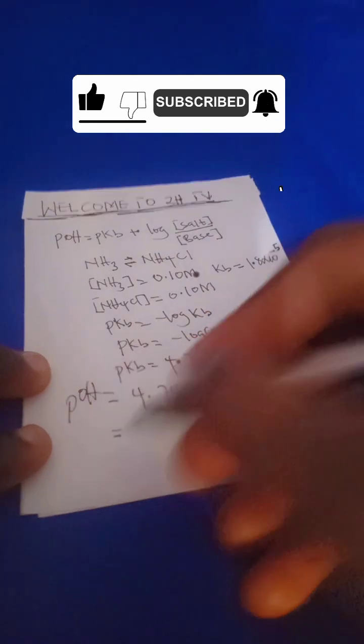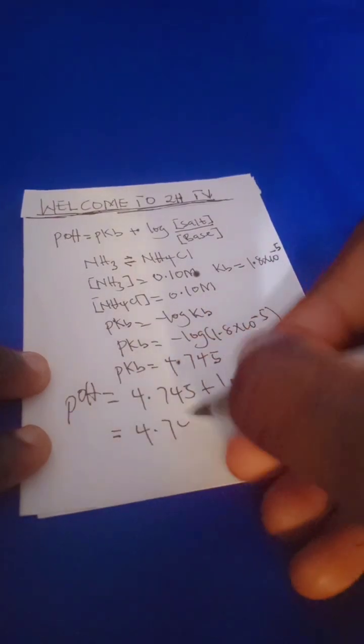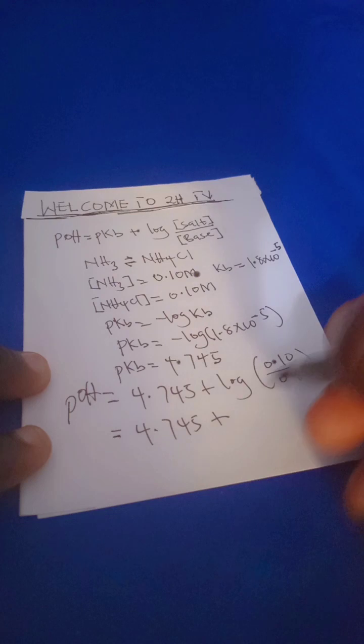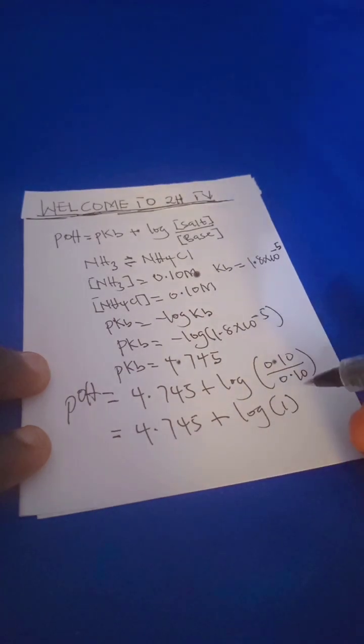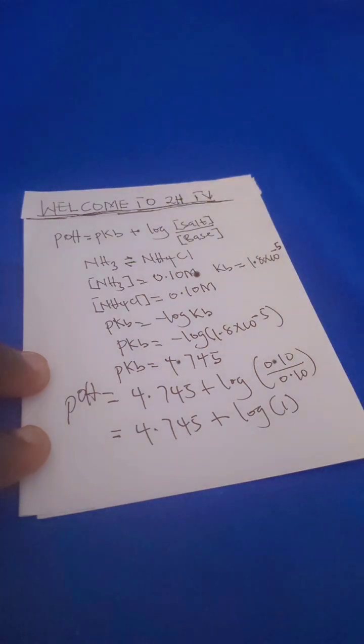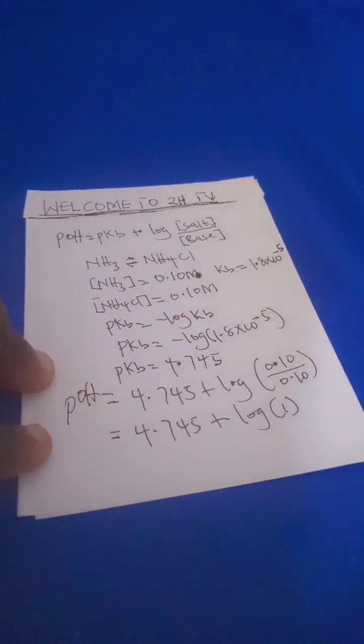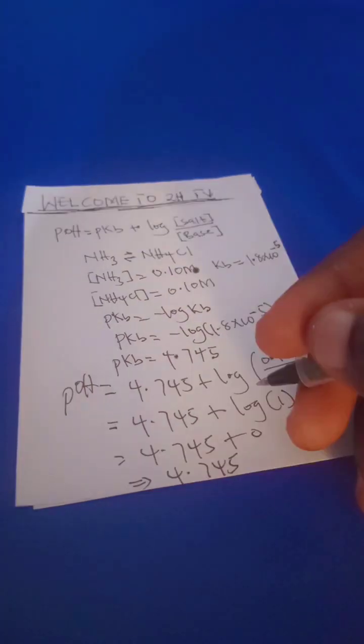So we have 4.745 plus this one will give us 1, so log 1. And log 1 is, quickly inserting that, log 1 is 0.